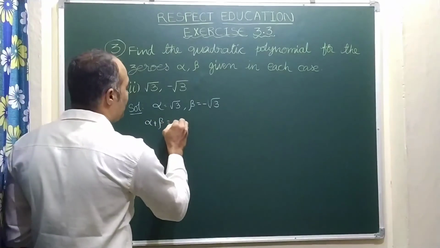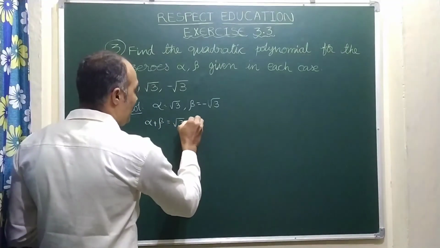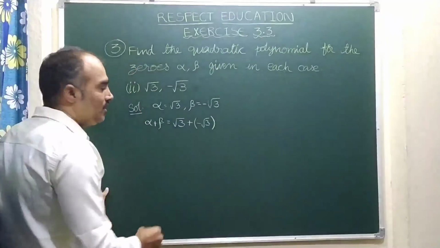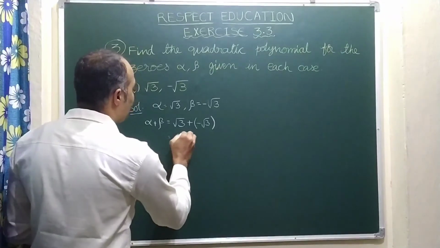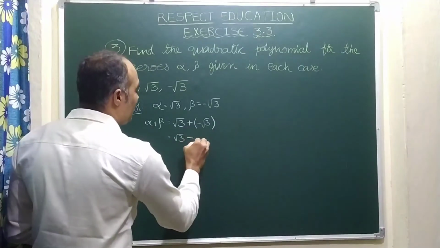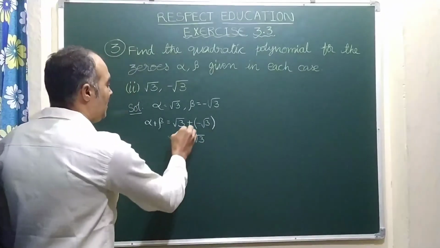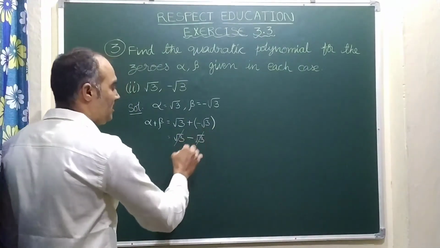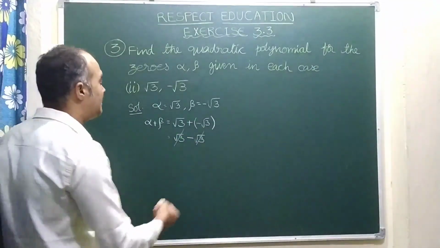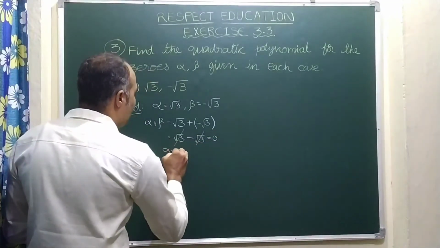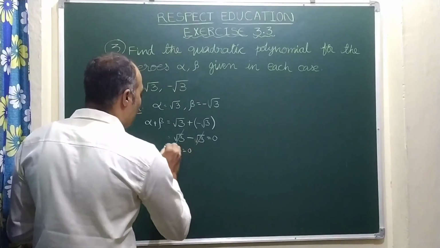Alpha plus beta is root 3 plus minus root 3. So here let us simplify this. Plus into minus is minus, so it is root 3 minus root 3. Positive root 3 and negative root 3, they get cancelled. So here we get alpha plus beta is 0.